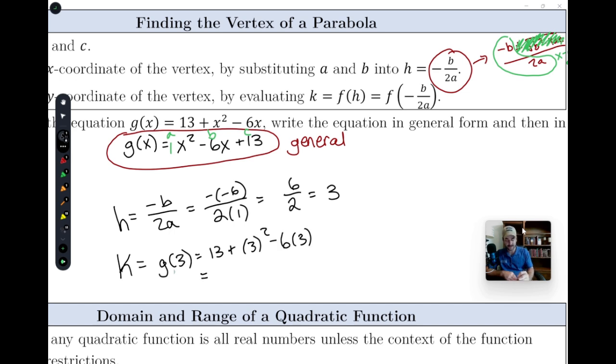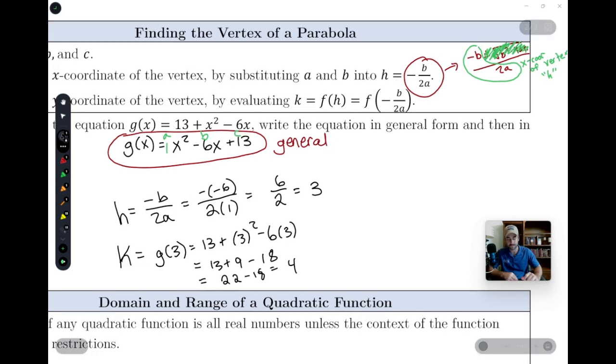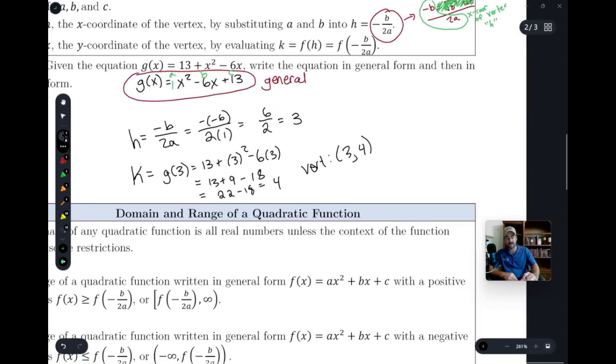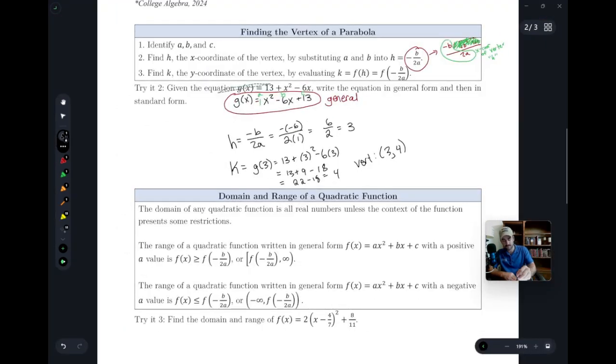So g of 3 is going to be equal to 13 plus 9 minus 18. 13 plus 9 is 22. Minus 18 looks like it's going to be 4. So we've got a vertex of 3 comma 4.